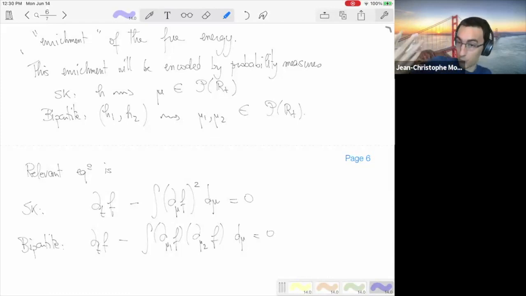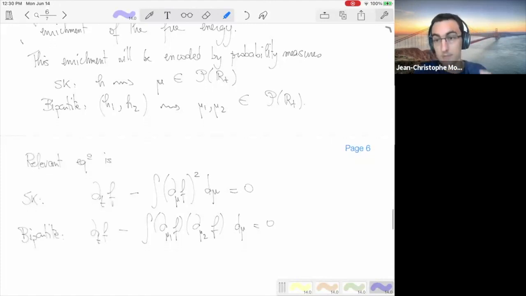Okay, so you could have hoped to also discover a variational formula using the Hopf representation, but it also breaks down. Okay, so at present, I don't know how to prove that for the bipartite model, the limit for energy solves this equation. But at least I can phrase a conjecture.